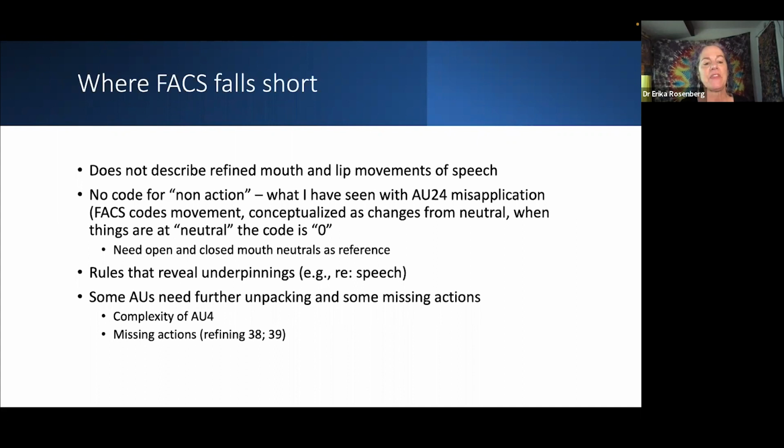And the other place where FACS, I don't know if it falls short, but it falls short for the purposes of creating faces and annotating every frame, is that there's no code for non-action in FACS. When you're not doing anything and your face is in what we might call neutral, like this, the code would be 0. And I have encountered many times in working with people in the digital effects business that they want a code for the mouth, the lips just coming together.